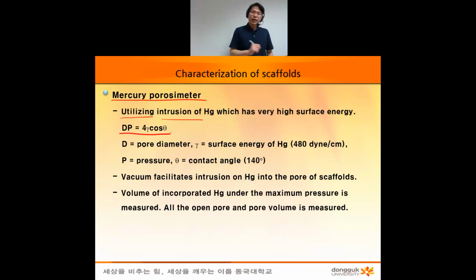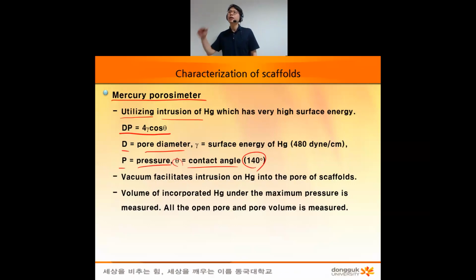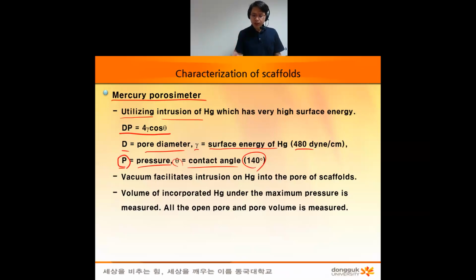It's the equation dP equals 4 gamma cosine theta. D is the pore diameter and P is pressure. And theta is contact angle, which is usually 140 degree, because 140 degree is generally accepted for mercury on solid substrate. And gamma is the surface energy of mercury, and it is already set to 489 per centimeter. So when we measure pressure itself, we can measure the pore diameter.